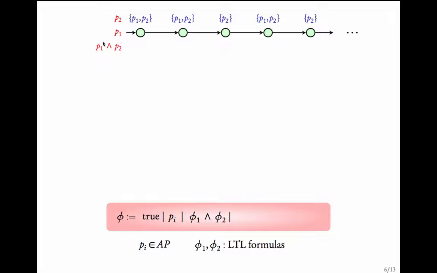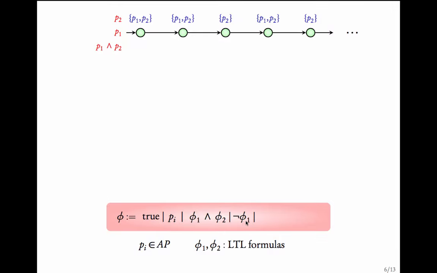Suppose we had an atomic proposition P3. Then you could say that P3 and P1 and P2 would be an LTL formula, because P3 is an LTL formula and P1 and P2 is an LTL formula. So you can build P3 and P1 and P2 using this rule.